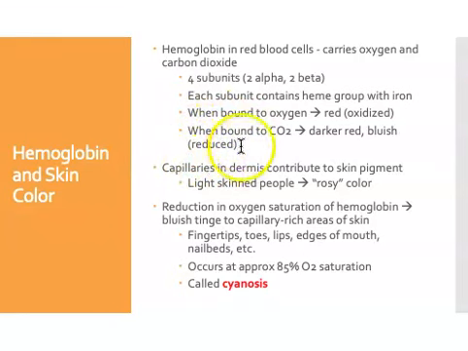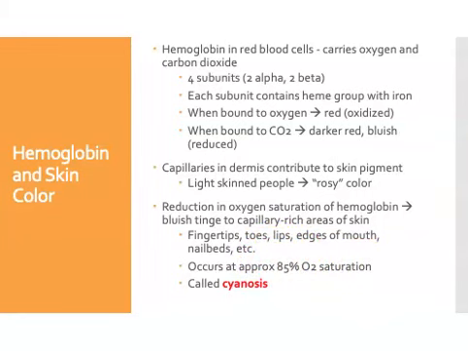That dark bluish form of hemoglobin will be more abundant in the blood. That bluish tinge can be seen in the skin. This is what we call cyanosis, and it occurs at an oxygen saturation level of about 85%. Normally, we would want anywhere from 95 to 100% oxygen saturation in the blood.